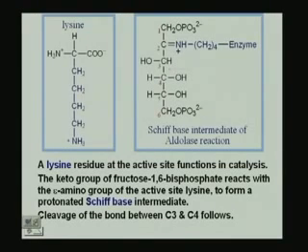The enzyme has a lysine residue, the epsilon amino group of the lysine, that interacts. Where is this lysine? It's in the active site of aldolase. It interacts with the keto group of fructose 1,6-bisphosphate and it breaks it up. Okay, there is cleavage between carbon atoms 3 and 4.